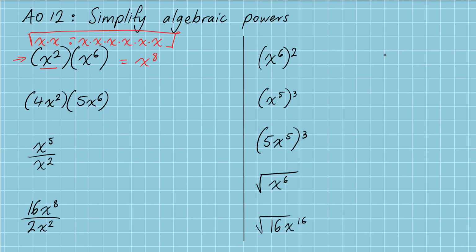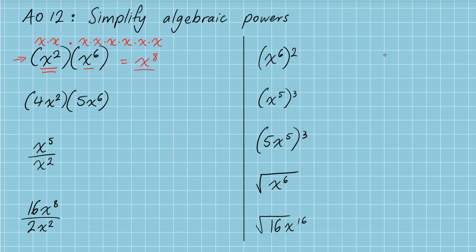Because, well, what's the difference between this times and this times and this times, etc.? So what we've done here is x to the power of 2 times x to the power of 6 is x to the power of 8. And you can see that really clearly when we visually set it out as to why that is true.